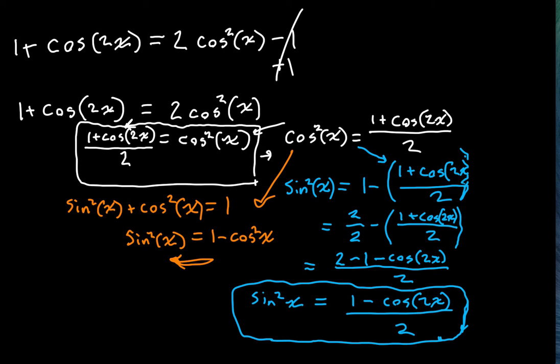So this is just another way to take a trig function of some higher power, like sine squared of x, and put it to a lower power. And you'll notice that even with our sine function to the higher power, so sine squared of x, we still used our cosine double angle formula to derive it, because you'll notice that the sine double angle formula, we can write that out too.